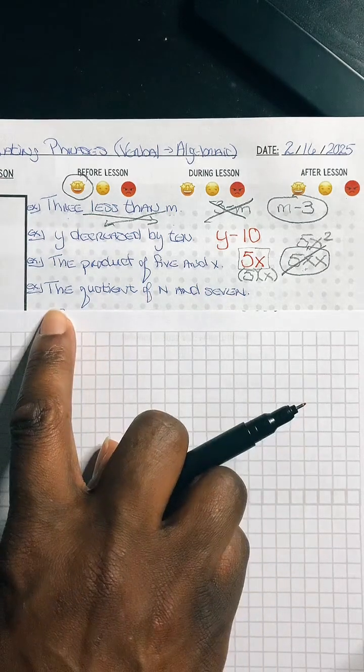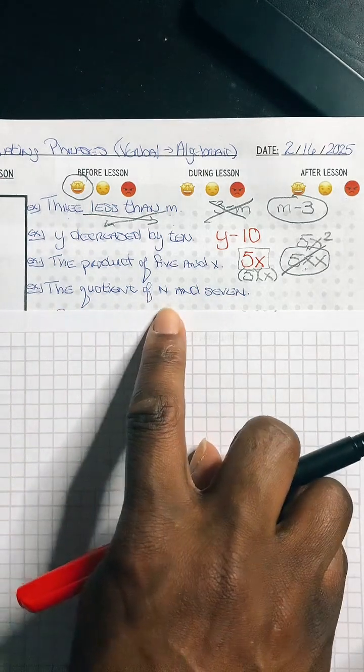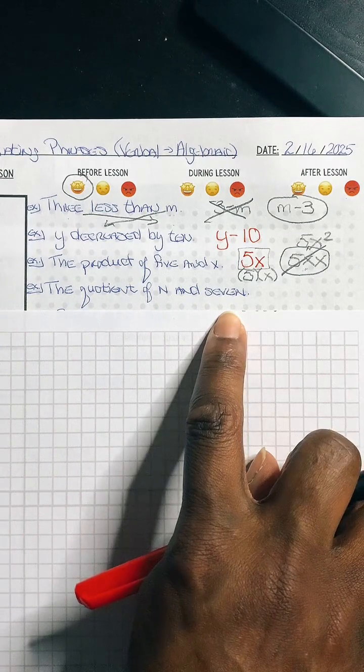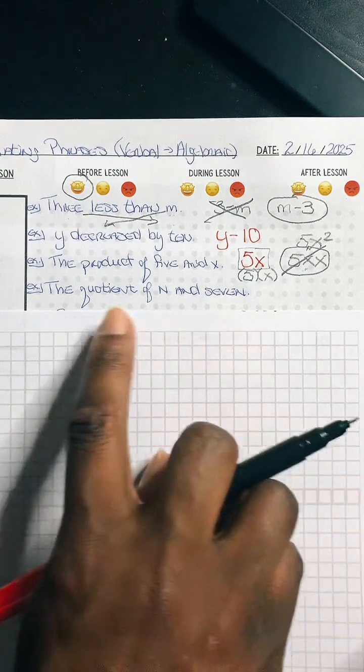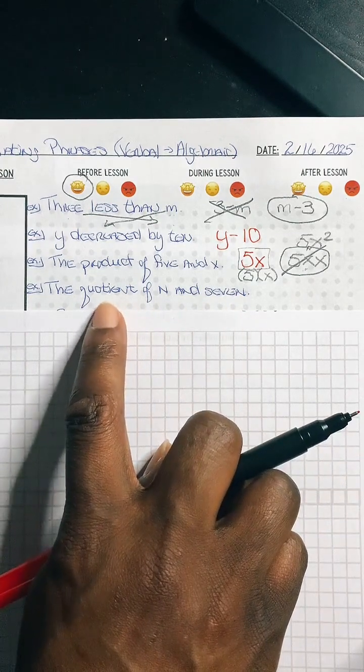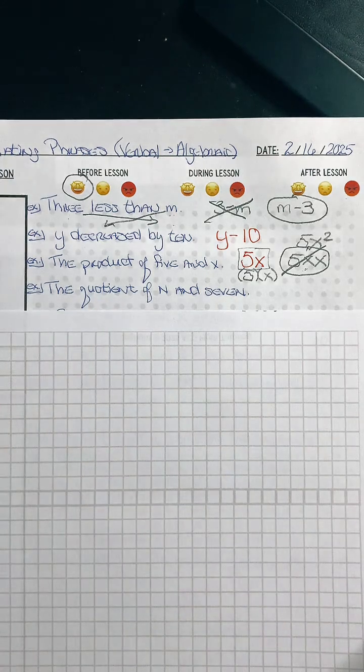So how would I write the quotient of n and 7? Quotient means division. And remember what they say, division looks just like a fraction. There you go. Nice, Nicole.